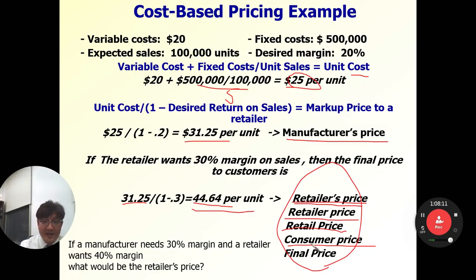Retailer price and consumer price should be different, right? However, lots of terms in marketing are confusing. I know, but get used to it. That is what it is. So all these names mean the same thing. You understand this, right?